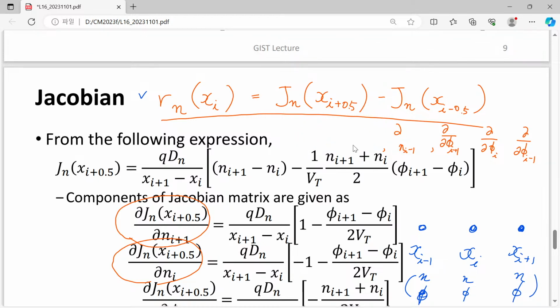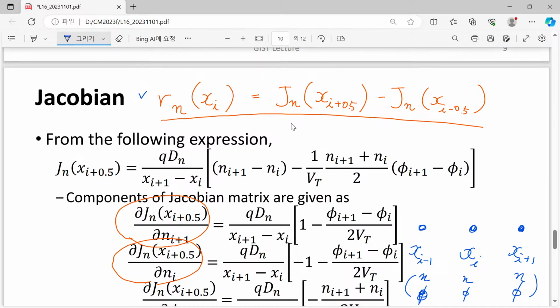Okay? So now what you have to do is like this. First of all, let's just think about the first case. I wanted to calculate something like this, the partial derivative of Rn over partial n, evaluated at xi plus 1. Okay, so are you with me?